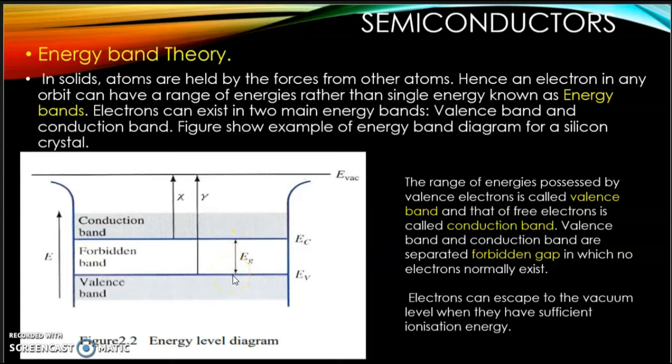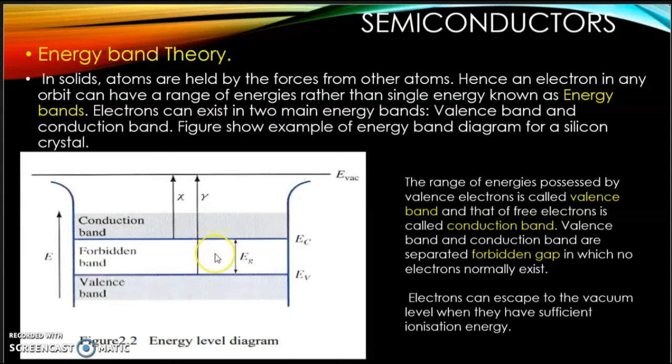So the range of energies possessed by these valence electrons is called the valence band, and the range of energies possessed by these free electrons is called the conduction band. And the forbidden gap separates the conduction band from the valence band.